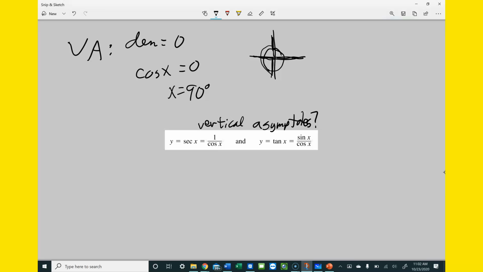So I'm just going to say 90 degrees plus or minus 90 degrees times some integer n. Or if you wanted to do it in radians, it would be pi over 2 plus pi over 2 n, where n is any integer.